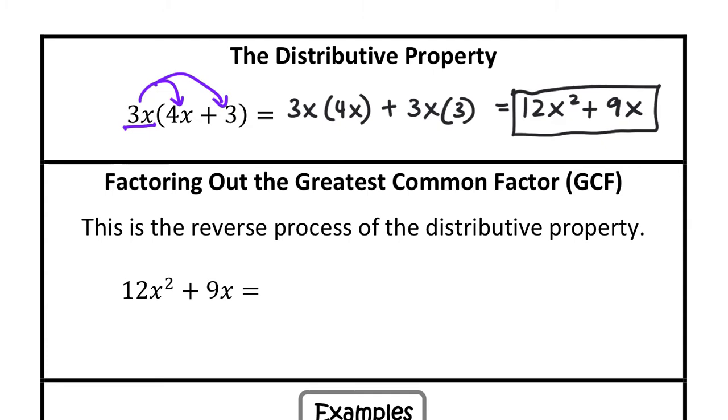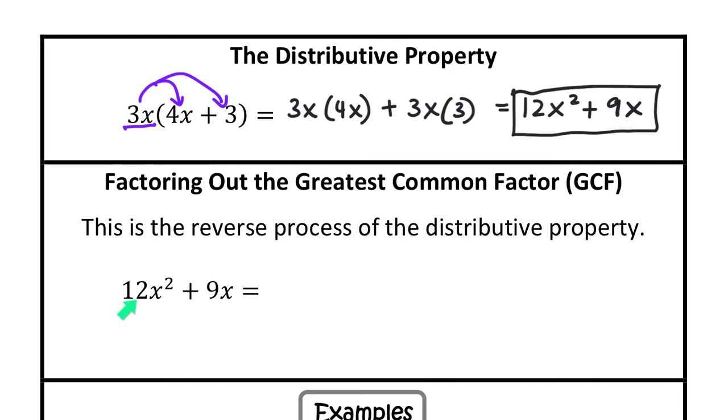Okay. So we have the distributive property up here. We used it and we got the following result. And if we go backwards, if we do the process in reverse, then what we're doing is called factoring. In this case, factoring out what they have in common.